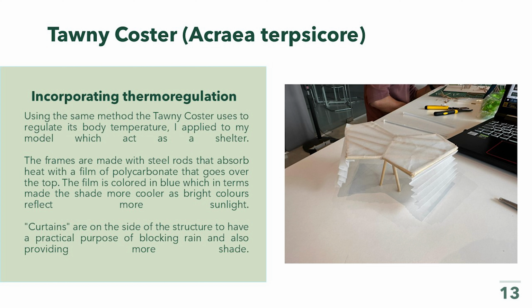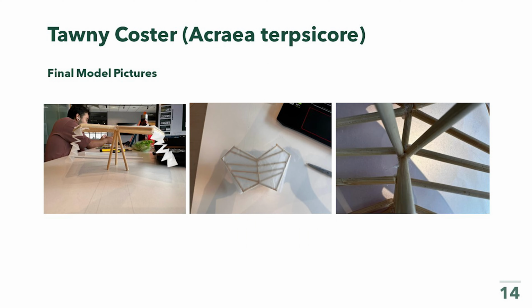It also acts as an attraction which attracts users to go into the shelter, as they'll see a shade of blue right under the structure. Curtains are also on the side of the structure to have a practical purpose of blocking rain and also providing more shade. Here are some of my final model pictures.